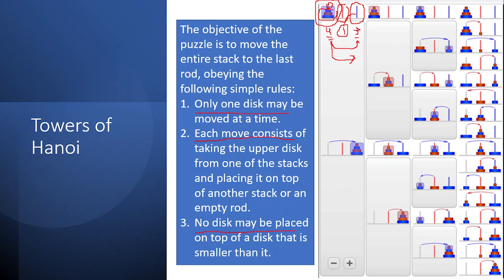Then you need to move the smallest, this 1 disk, from the source to the destination, and after that you need to move n minus 1 disks from the auxiliary place to the destination. Then you need to move the last one.